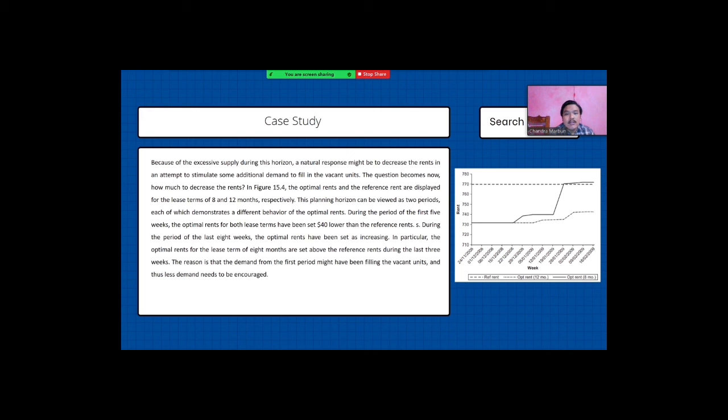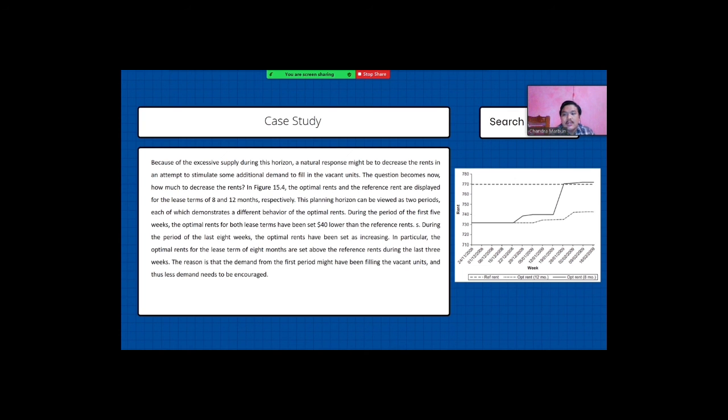This planning horizon can be viewed as two periods, each of which demonstrates a different behavior of the optimal rent. During the first 5 weeks, the optimal rents for both lease terms have been set $40 lower than the reference rents.